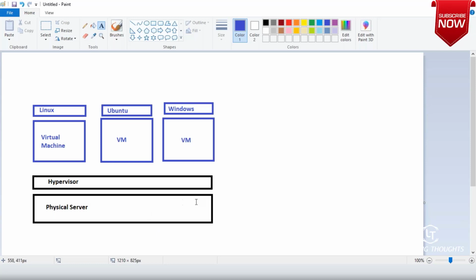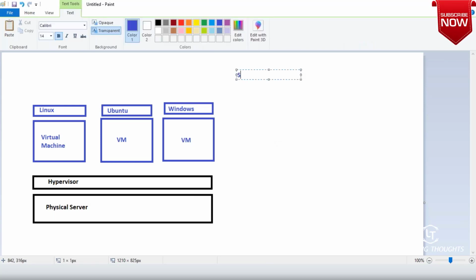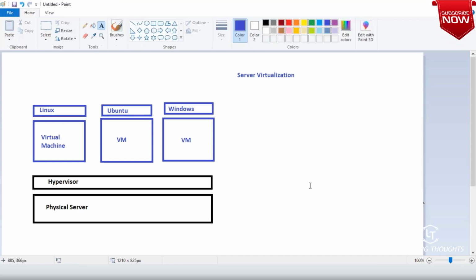And by the way, this is called as server virtualization. Am I clear on this? And all of your clouds use this.